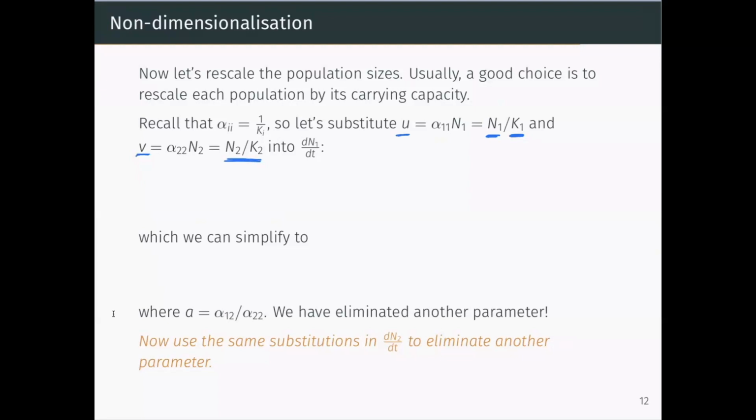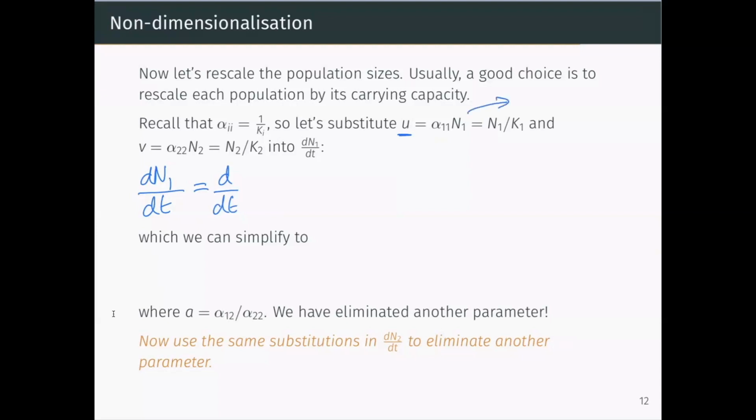Okay, so let's take these two substitutions here. Again, we're not working in terms of k's, our carrying capacities, we're working in terms of alpha 1s and alpha 2s, and so on. So let's think about species 1. We've already changed our time scale, so we've got dn1 d little t now. Well, what is n1? n1 we're defining to be equal to u divided by alpha 1.